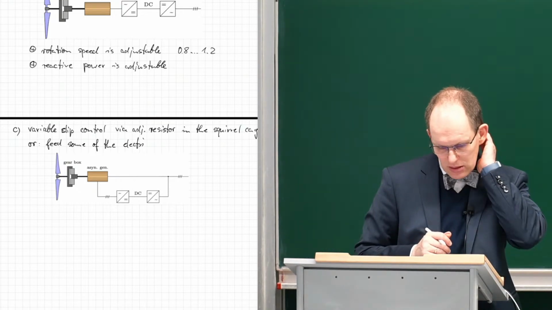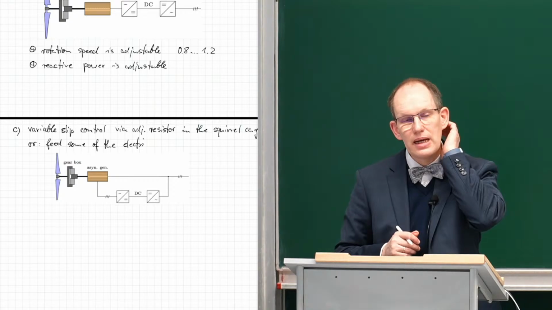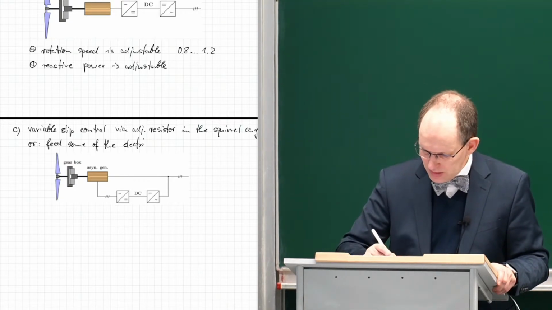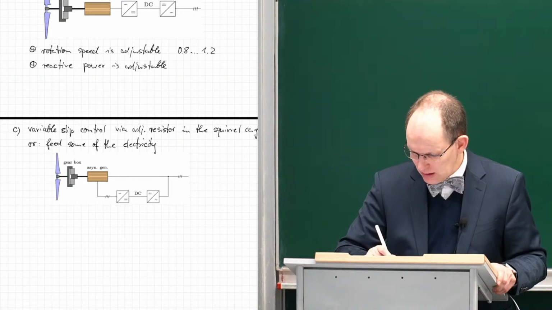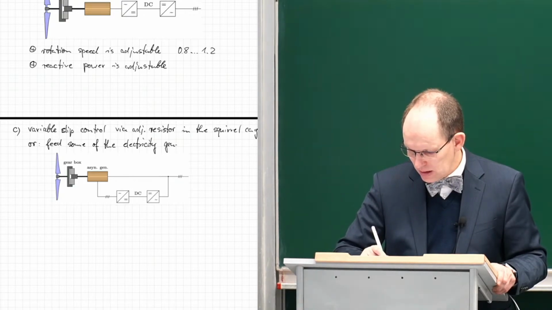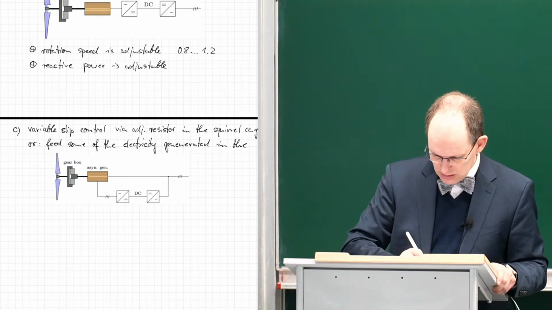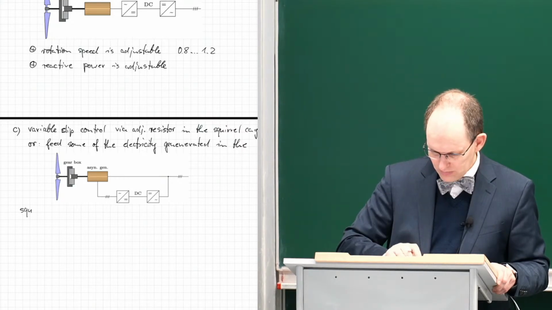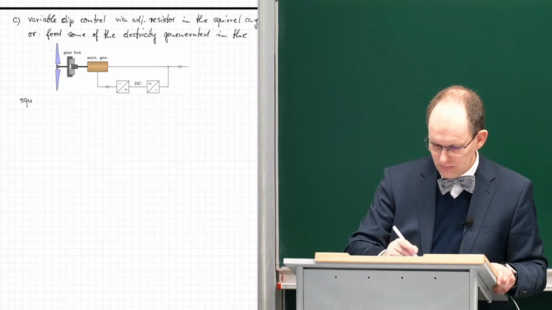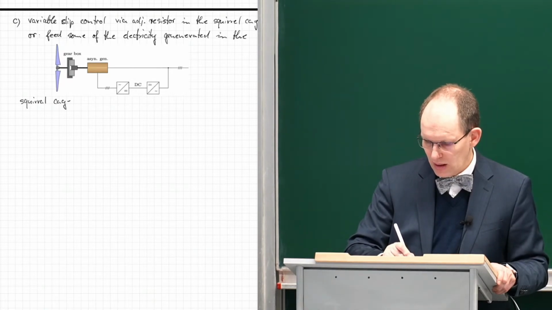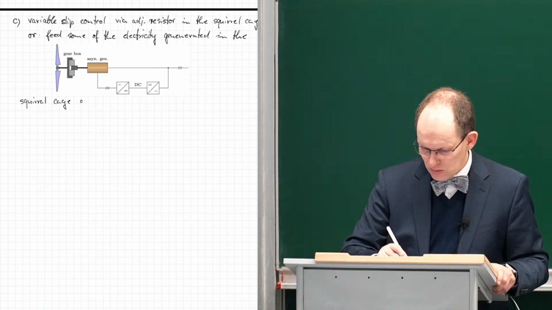And this is called a doubly feeding asynchronous machine. So feed some of the electricity generated in the squirrel cage also to the grid.